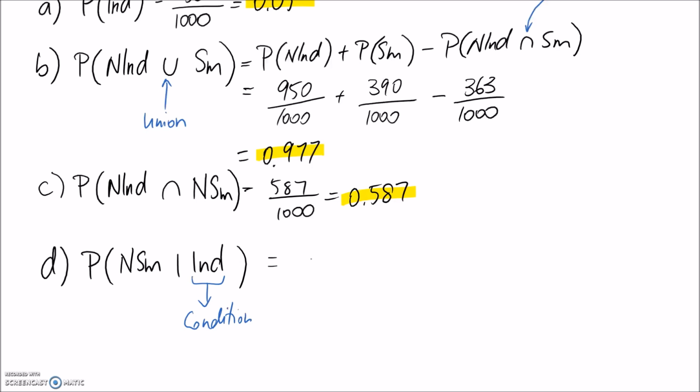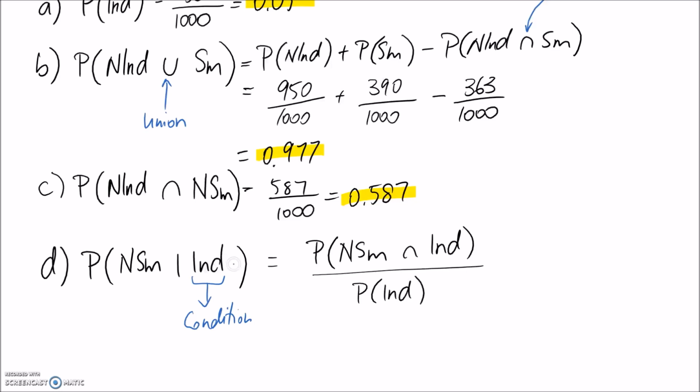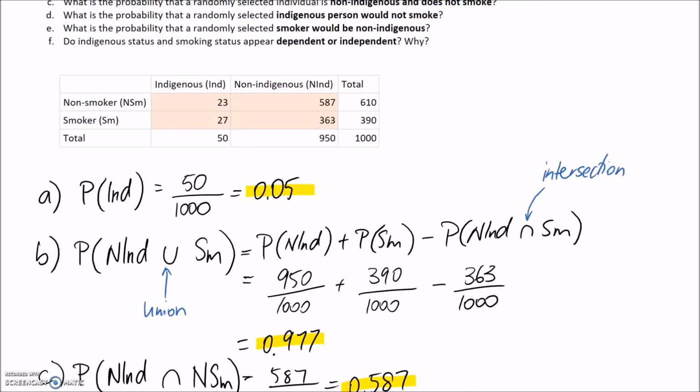So the equation that we can write out is the probability that we have the intersection between these two events divided by the probability of the condition, so Indigenous on its own. So this is just again looking for the intersection of those 2 points, so not smoker and Indigenous.